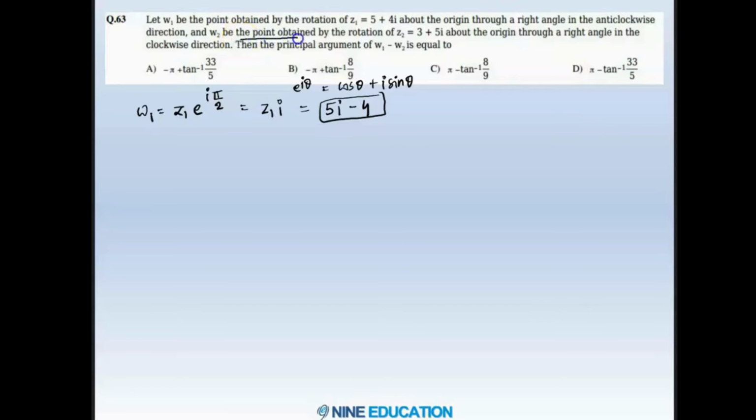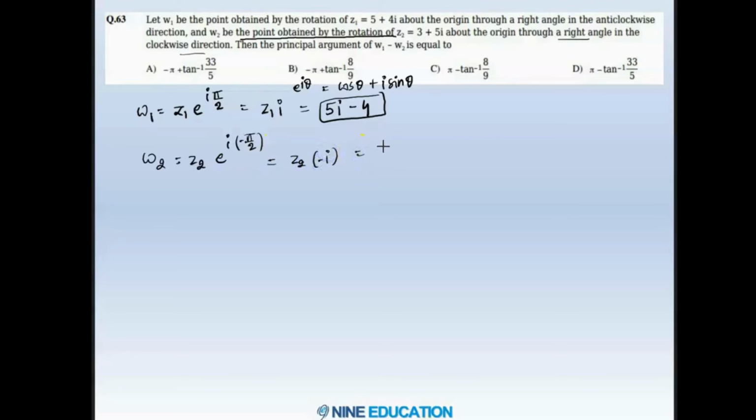W2 is the point obtained by rotation of Z2. So for W2, I have to write Z2 into e power i, but this time right angle in clockwise direction, so I have to put minus pi by 2. So e power i minus pi by 2 is basically minus i. So it means Z2 into minus i, this time we have to multiply.